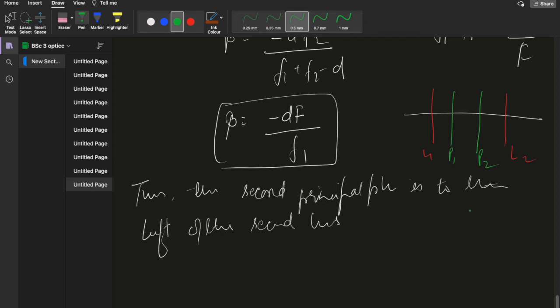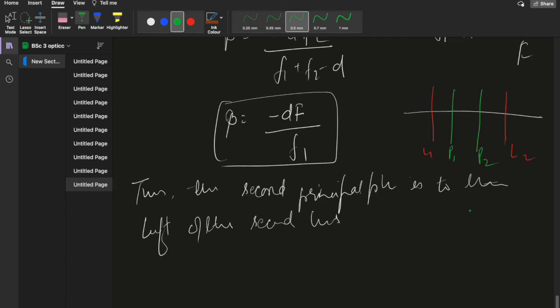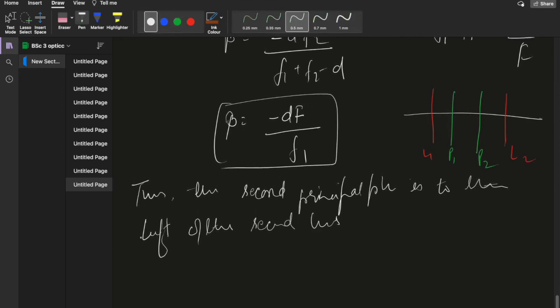And just to implement this in a numerical, let's take a numerical.